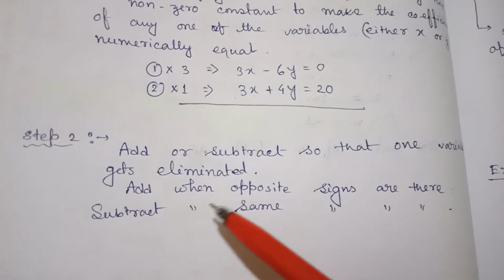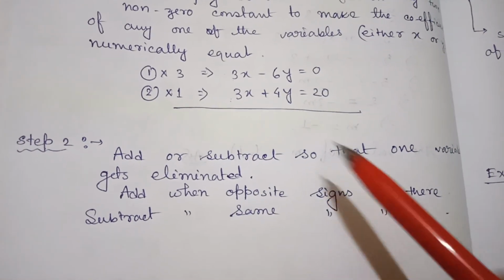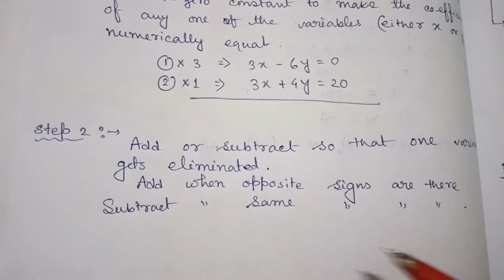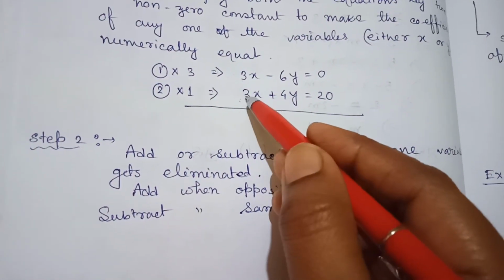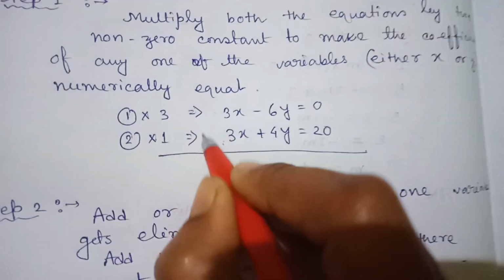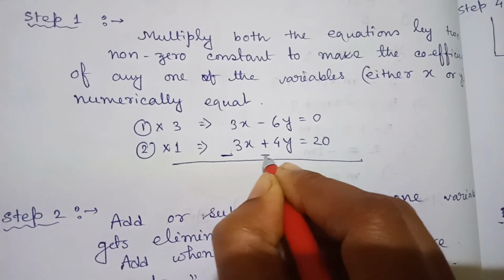I have written over here also: add when opposite signs are there, subtract when same signs are there. As these two have the same sign, we will just subtract. Subtracting means like this.